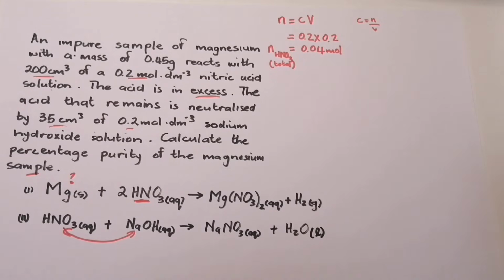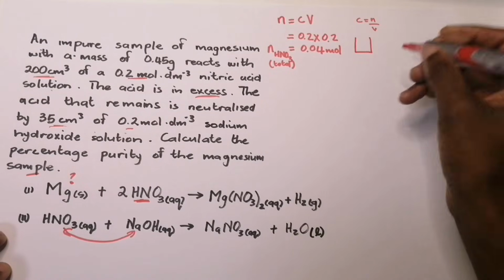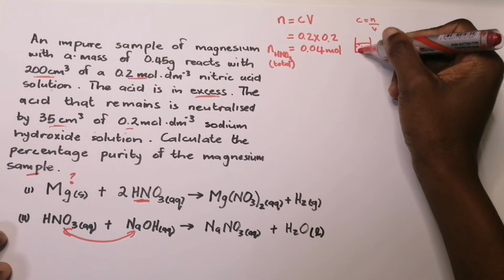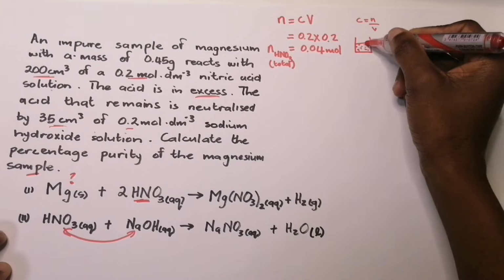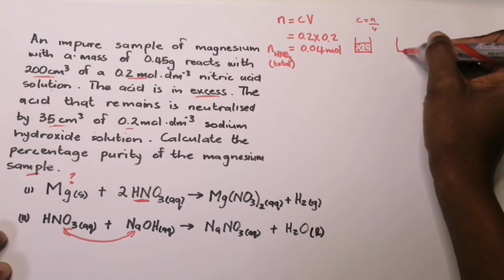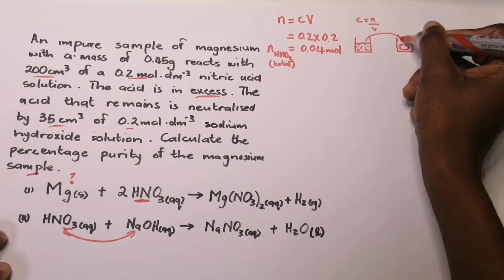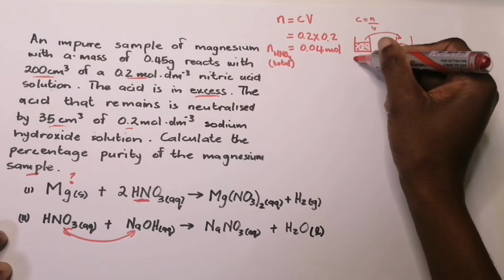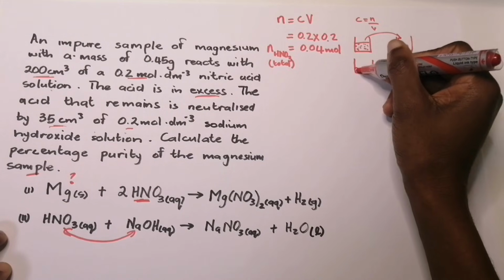Now I want you to please note, we took an amount of nitric acid and used it with magnesium. There's a magnesium chunk there, we put some of it there, but there's an amount of nitric acid that still remains unused.